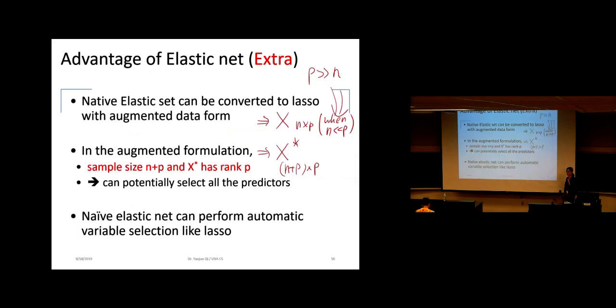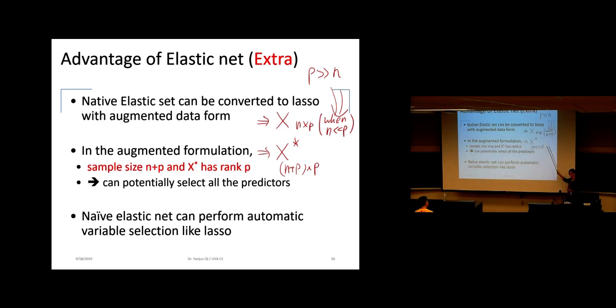So in my actual slides, I derived the whole thing, why the elastic net can select more than n features. The main trick is elastic net is equivalent to lasso on a revised data, which is from the original data, n times p.